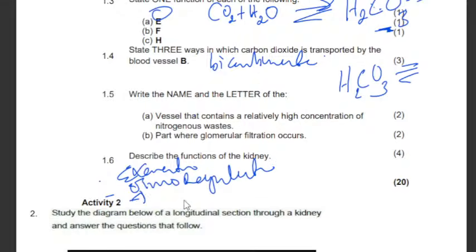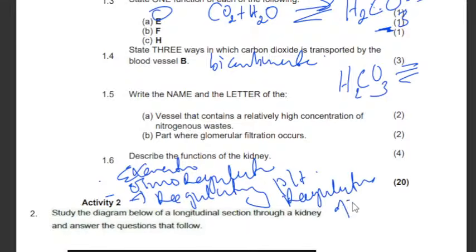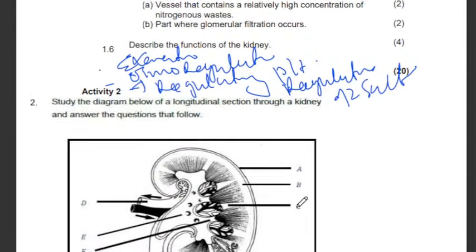You can talk about regulating pH. You can talk about regulation of salt concentration. So it has many functions you can talk about here. Yes, so that's another question.